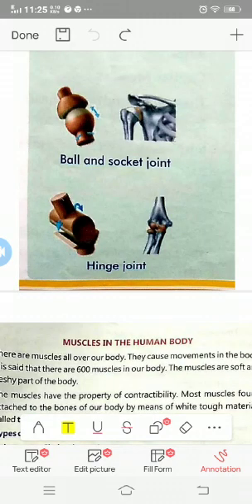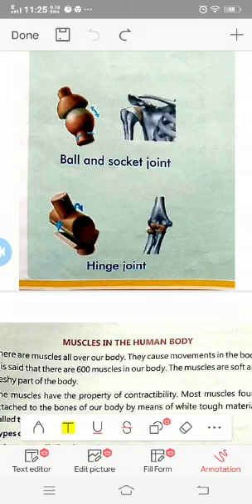After that, the gliding joint. The gliding joints permit only a very slight movement. They are found between the vertebrae of the spine, and in the wrist and the ankle. Next are the pivotal joints, which allow movement in all directions.